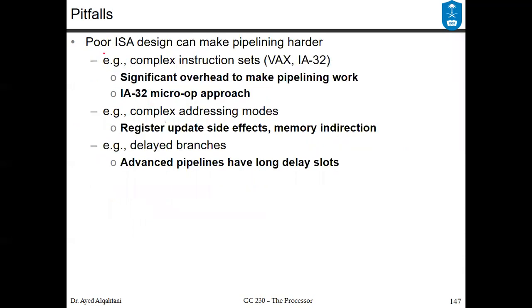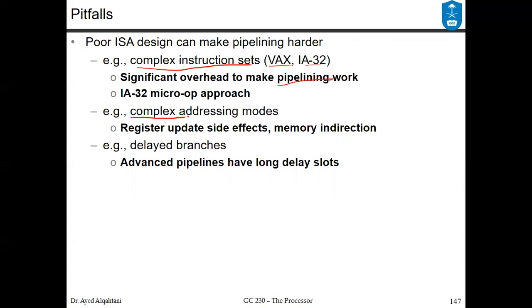And as a pitfall, you think pipelining is easy to implement everywhere, no matter what the ISA is, but actually poor ISA design can make pipelining harder. If you have a complex instruction set, like these two, you will have to do a lot of work when you work with pipelining.